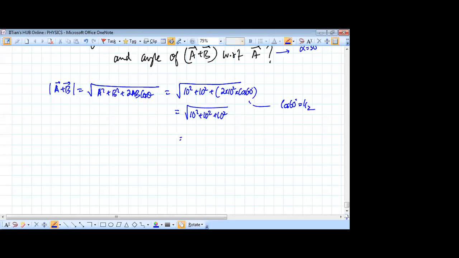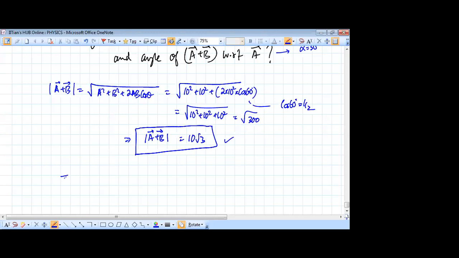So that's how you can see you will get this as 10 root 3, square root of 300. So the magnitude of A plus B becomes 10 root 3 units.